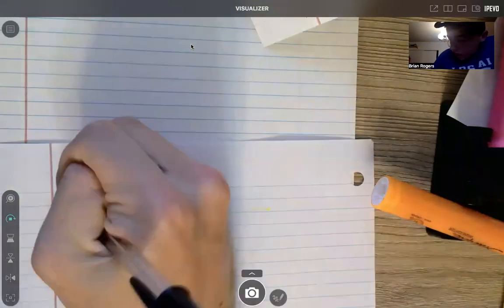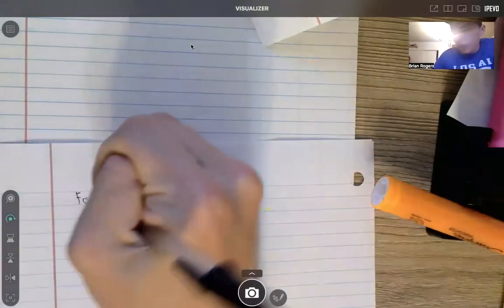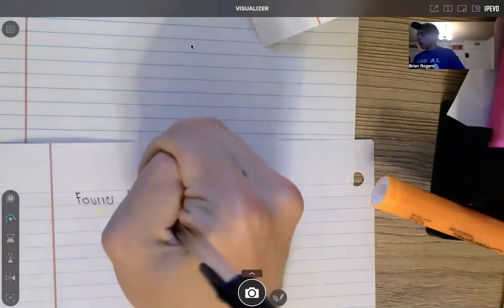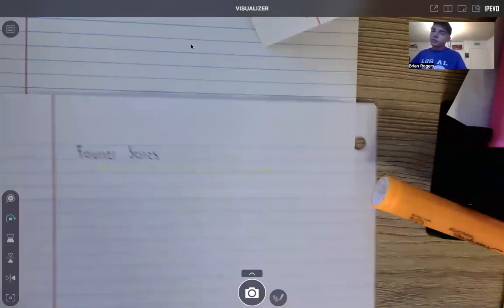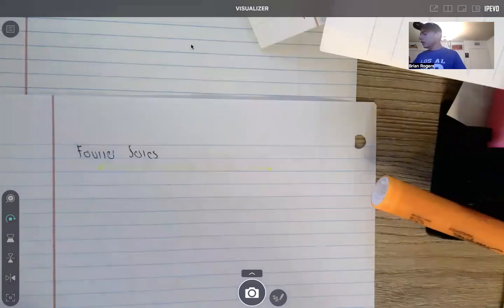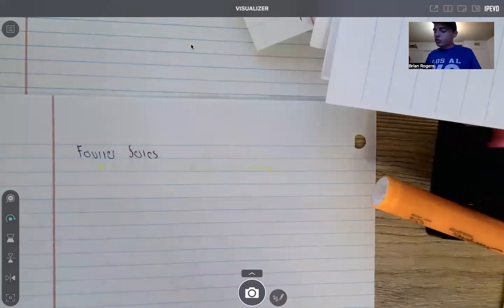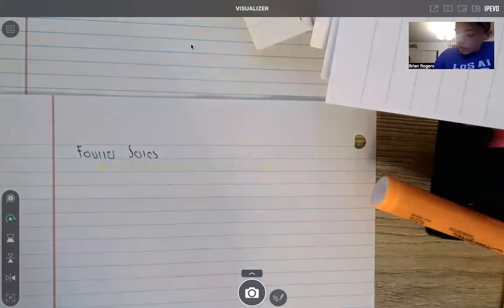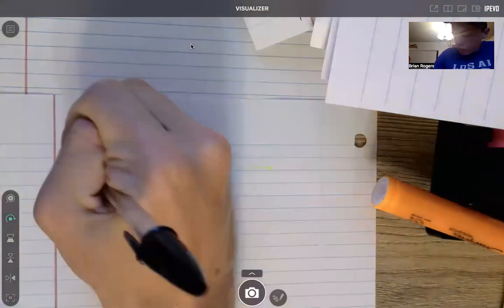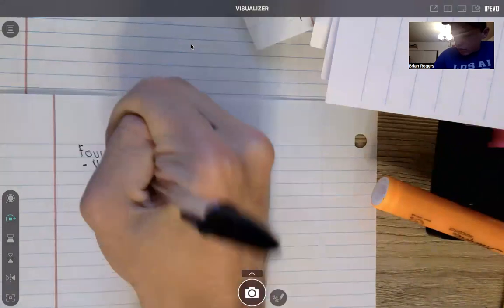Okay, so let's just look at it real quick. Basically your Fourier series is going to be used for periodic signals. That's the big thing, used for periodic signals.